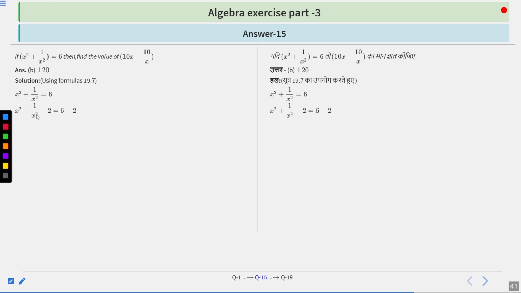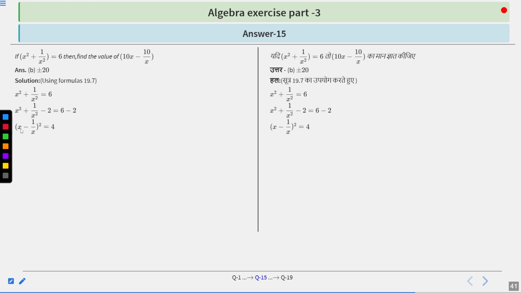So, we can subtract 2 from left as well as from the right side. So, x square plus 1 upon x square minus 2 is the value of (x minus 1 upon x) whole square, because according to formula 19.7, when we expand (x minus 1 upon x) whole square, we get x square plus 1 upon x square minus 2.